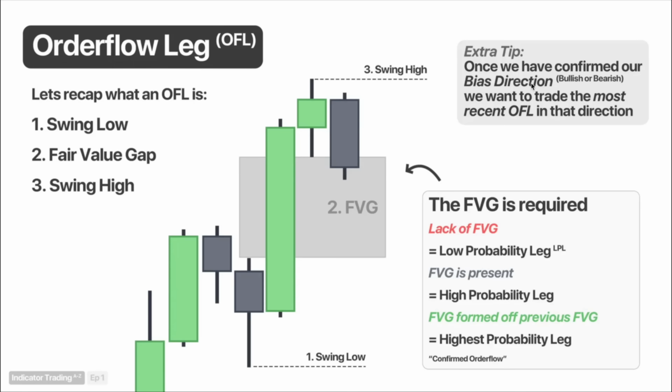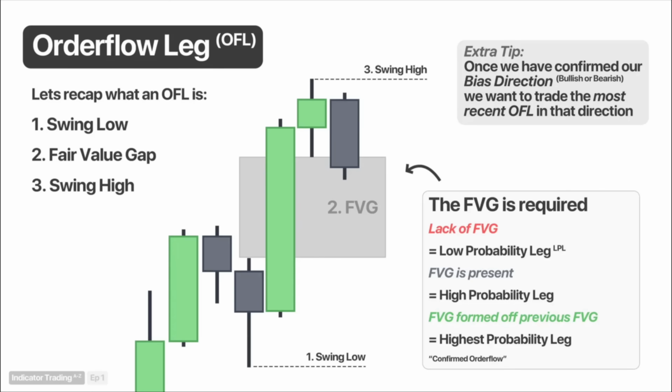Now, this extra tip right here is worded a bit complex, so I'm going to simplify this. When we are referring to order flow and when we're actually looking for order flow, we're always looking at the most recent order flow leg on the current time frame we are analyzing. We want to be doing this from a top-down perspective, right? Starting from the monthly, down into the weekly, down into the daily, down into the 4-hour.